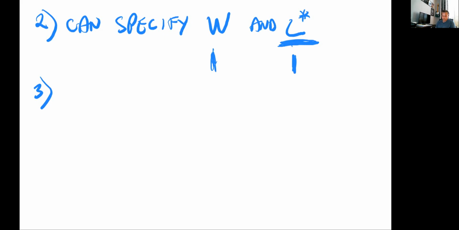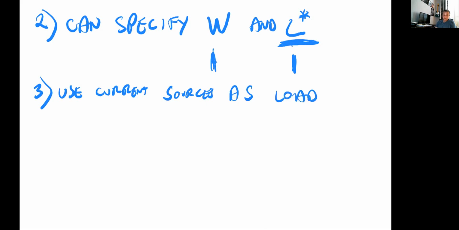We can make lots of them. So use current sources as loads and for biasing instead of resistors.